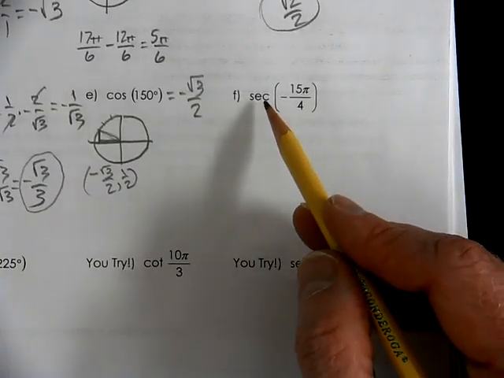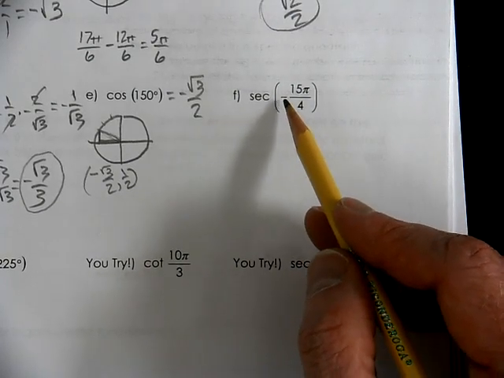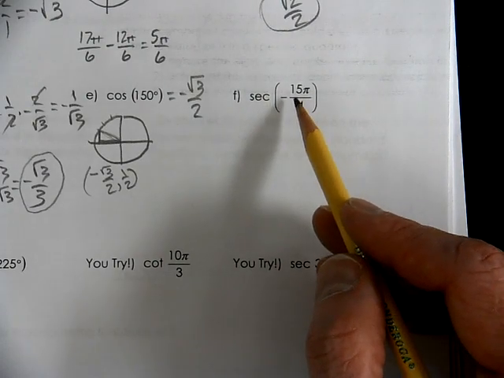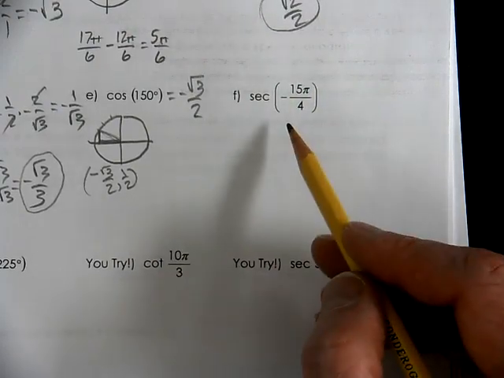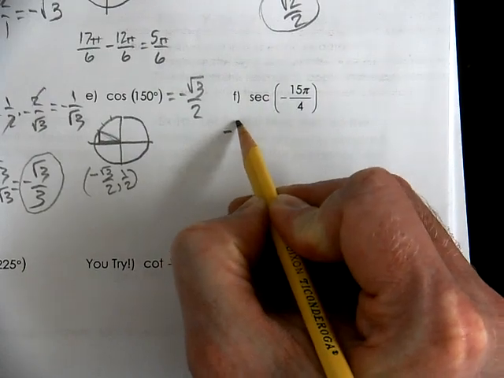Secant. Well, secant is a reciprocal of cosine, so we need to know the cosine at negative 15 pi over 4. Well, 15 pi over 4 is not in a unit circle. So we could convert it, if that's what you like to do.